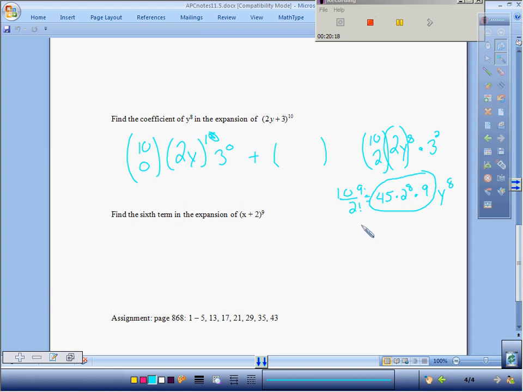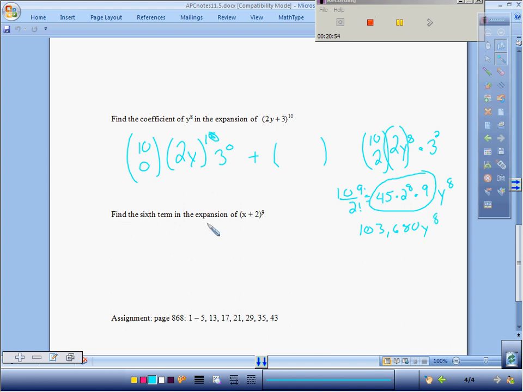It comes out to be 103,680, so 103,680 y to the 8th.